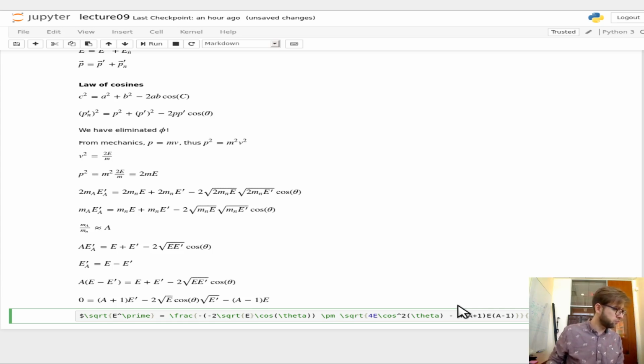Is that right? Oh, yeah. Right, because that is a minus. There's a minus sign there, right? For A. Yes, I think that is correct. Is there an E there?